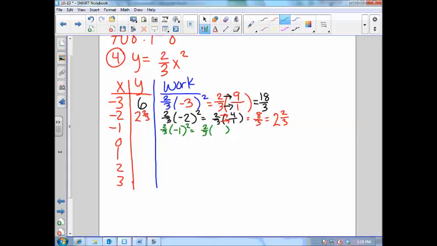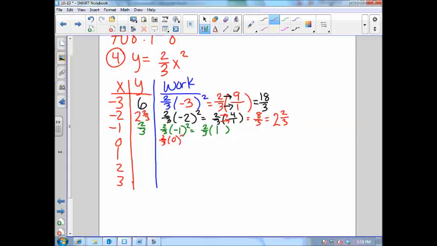No? Squaring means negative 1 times negative 1. Positive 1. And 2/3 times positive 1 is just 2/3. Any questions yet, Jared? Okay, next we do 0.